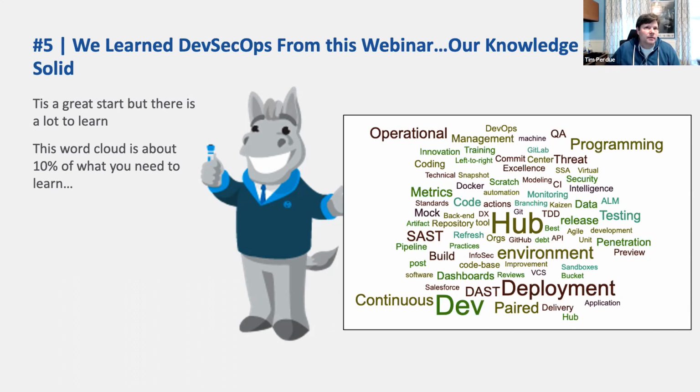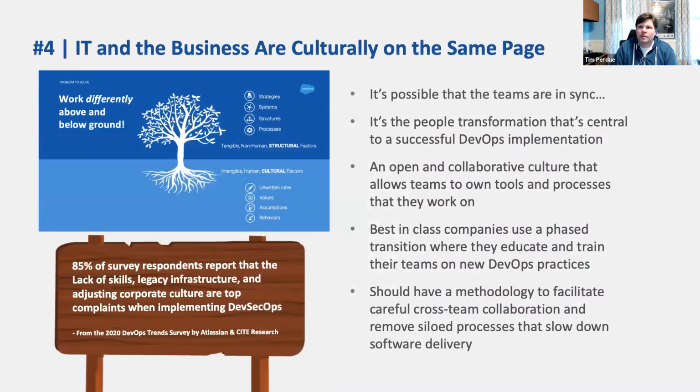All right. Number 4, IT and the business are culturally on the same page. I hear this, but this is probably true for a very small percentage of customers. Okay. If you look at this survey, I pulled it from Atlassian, who did a 2020 DevOps survey.